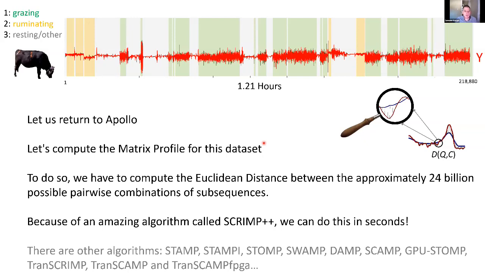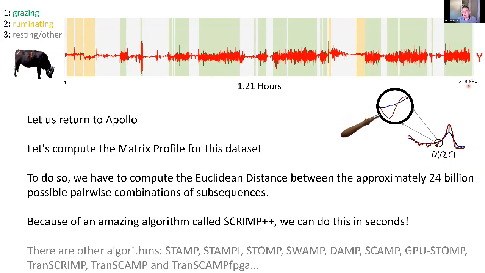So let's return to our friend Apollo and do this on Apollo. I'm going to compute the matrix profile for this entire data set. Notice to do this, I have to compute the pairwise distances, this Euclidean distance right here, between all possible pairs of subsequences. And there are basically 24 billion such pairs.